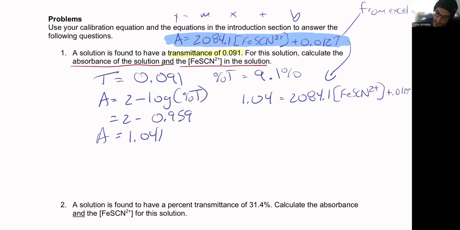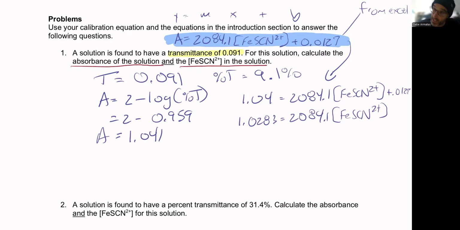So I'm going to subtract the 0.0127 from this. 1.0283 equals 2084.1 times the concentration of FeSCN2+.